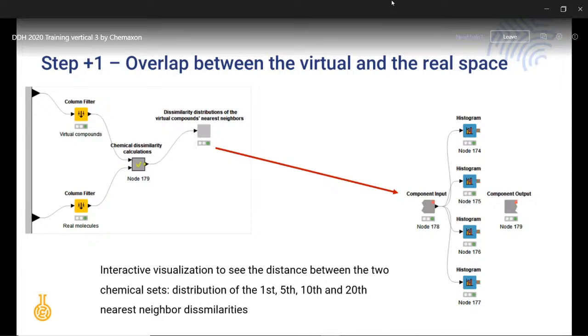And we visualized the distribution of each of these 4 structural dissimilarity values in a histogram, in order to see whether we are still close to our original virtual space, or if we could get a bit further away from it and explore a novel part of the chemical space. So this is how the workflow will end. This is where we would like to get.